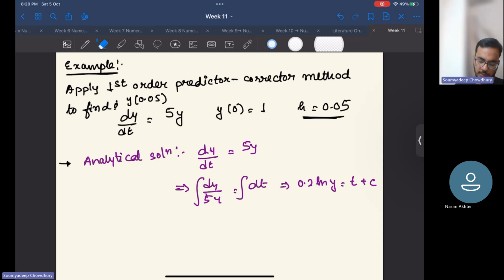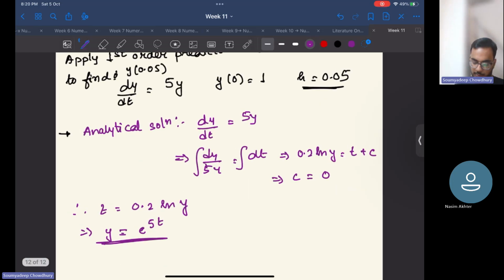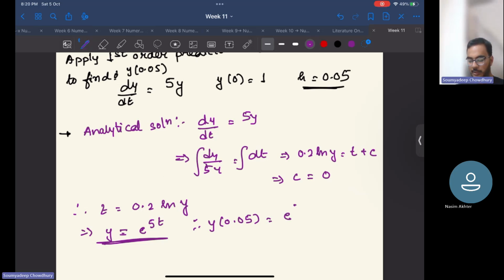So c will be 0, right? Therefore, y equal to e to the power 5t. So this is your solution, based on the initial condition. So now what is my exact solution? y of 0.05 is e to the power 5 into 0.05.